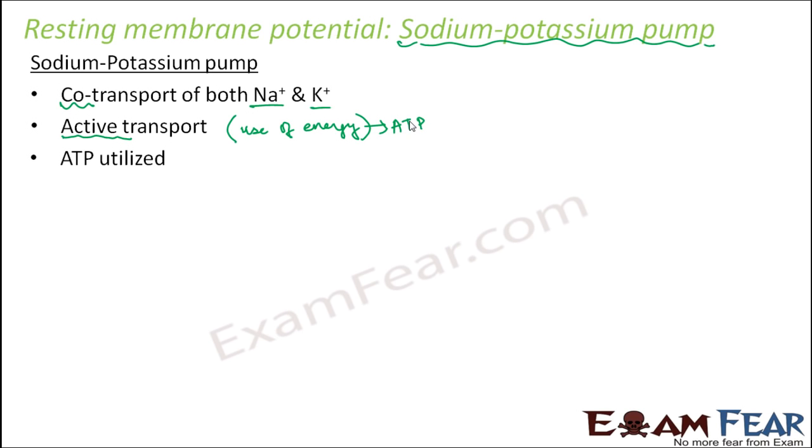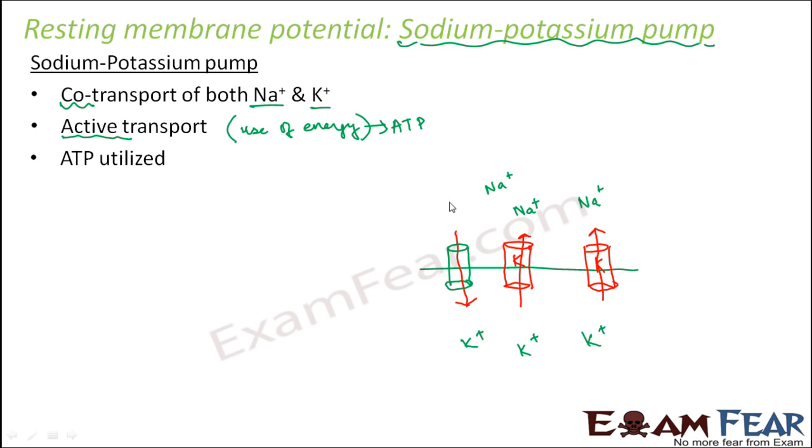Okay, so now with this sodium-potassium pump, what happens is that this is how the membrane is. Right, and this is outside, this is inside. So in outside you had initially more of sodium ions, inside you had more of potassium ions. Then you had the sodium channels and you also had the potassium channels.